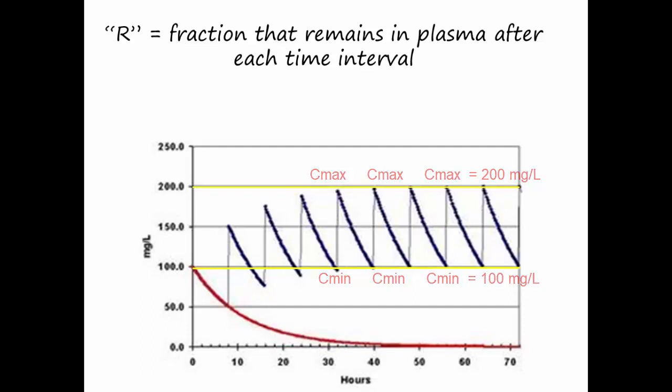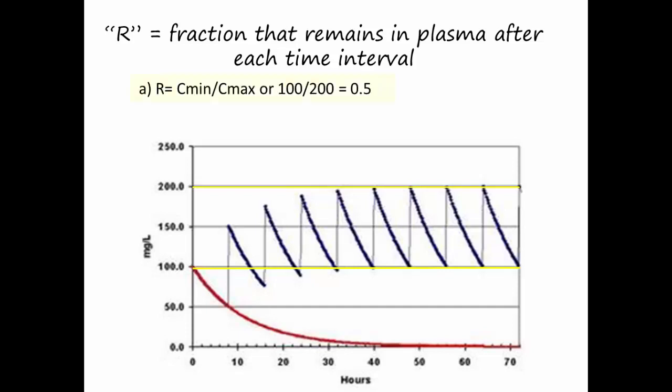When you do that calculation, we come up with 0.5, which basically tells you that 50% of the drug concentration in between intervals was lost. So we could also calculate R by applying this other formula that we have here, which multiplies the constant of elimination by the interval, and you take the antinatural logarithm of that value, and that gives you that fraction that remains after each time interval.